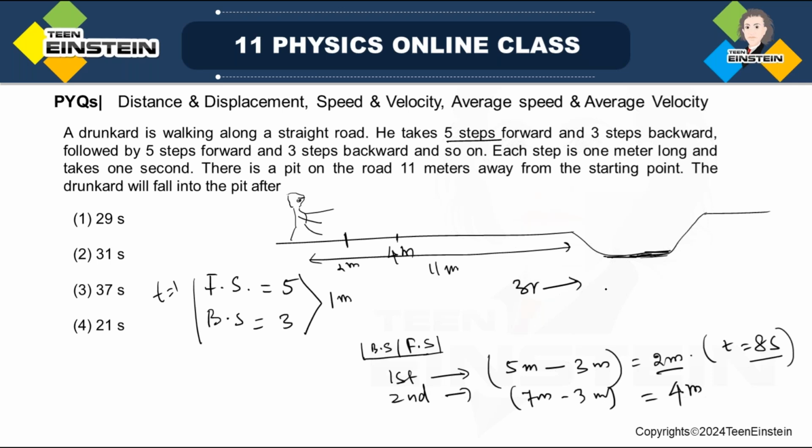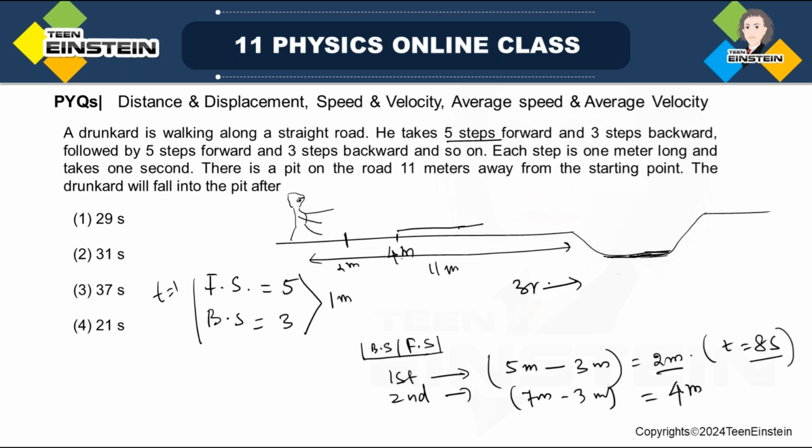Then similarly, by the third attempt he is at 4 meters. The third attempt starts from here. It goes from 4 to 9 and comes back 3 steps, so 9 to 6.